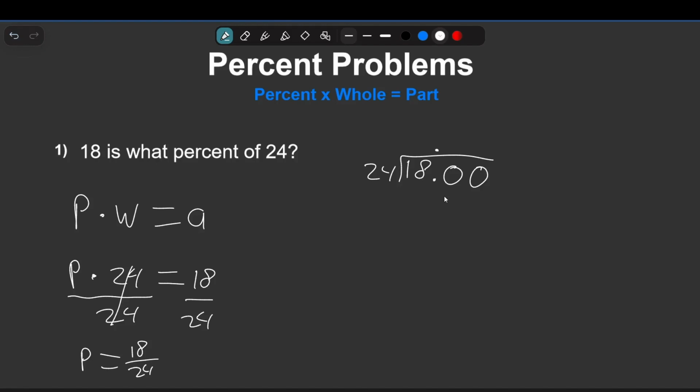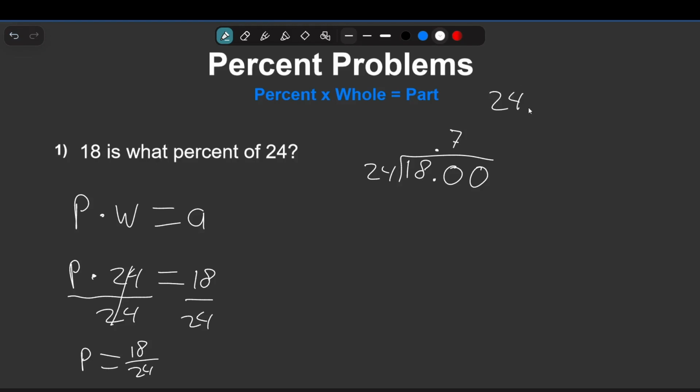Now we can see this as 1800 or just 180. So how many times does 24 fit into 180? Well, 24 fits 7 times into 180. So we can write the 7 up here. And now we have to do 24 times 7.